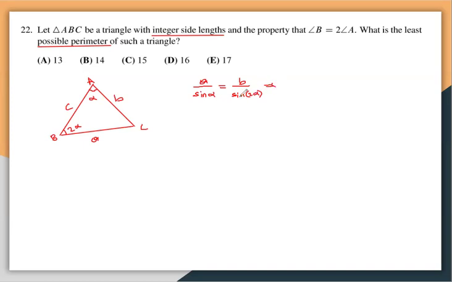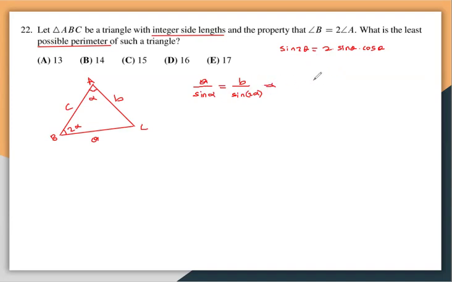But when we have sine 2 alpha, which is a double angle, if you remember, sine 2 alpha is equal to 2 times sine alpha times cosine alpha. This is the double angle formula for sine, which is really common. So we can expand this.